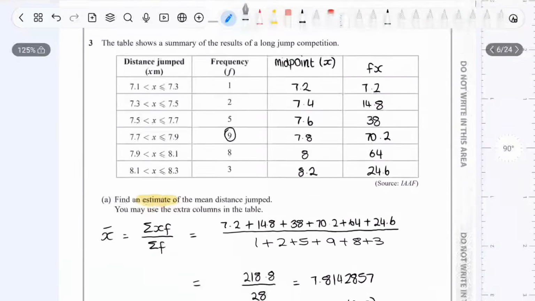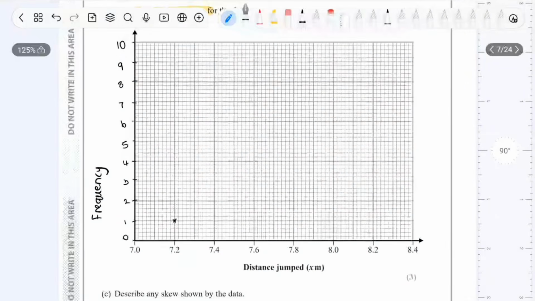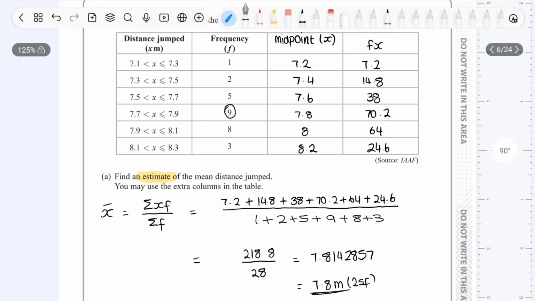Now we go to 7.4, and we have 2. For 7.6, we have 5.